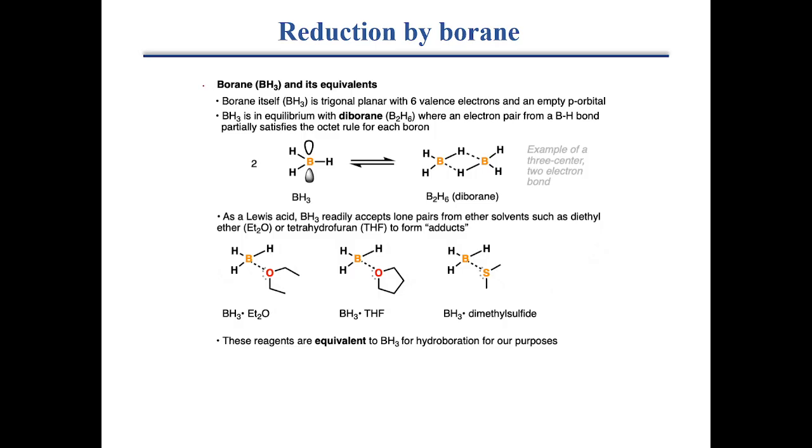Boron is a trigonal planar compound with 6 valence electrons and one p orbital empty. That's why it forms a dimer to fulfill its octet, remaining in the dimeric form B2H6. Also, as it has a vacant p orbital, it can accommodate any lone pair of electrons, so it behaves as a Lewis acid in presence of a Lewis base.